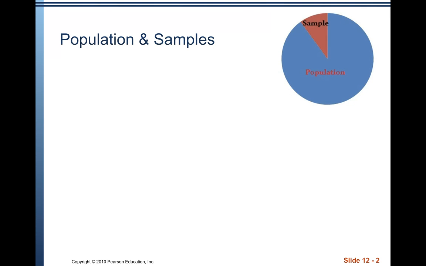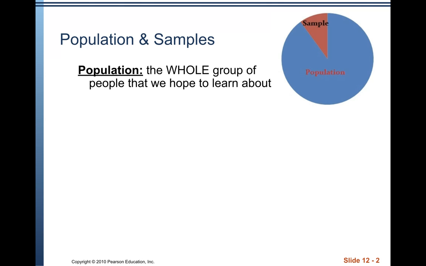So first things first. When we talk about a study, we want to know the difference between a population and a sample. A population, as it says here, is the whole group of people that we hope to learn about. Very often when a study is being conducted, it's humanly impossible to sample the entire population.